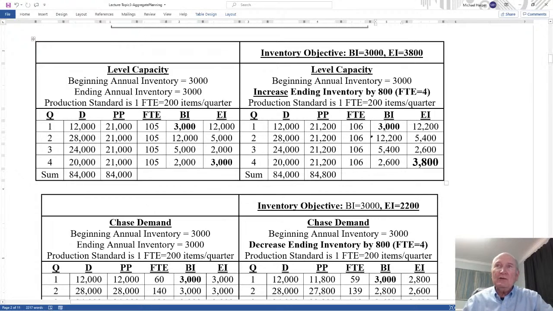But notice in your level capacity, you're not changing your aggregate planning strategy. You're changing how that strategy is deployed. You're deploying it in such a way that you add an inventory objective to address the extra demand that's going to happen in the next year, for example.